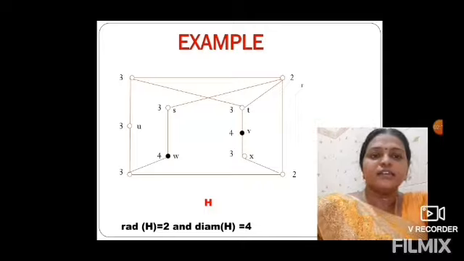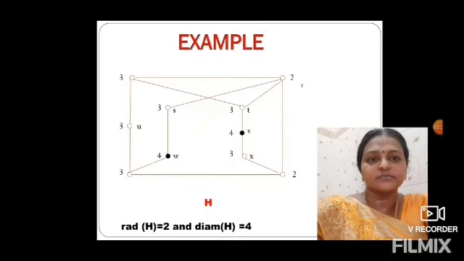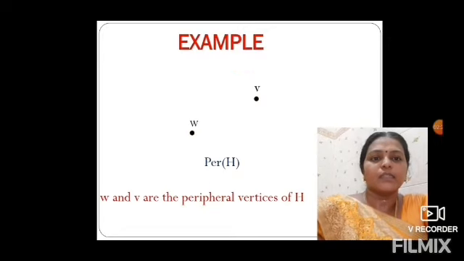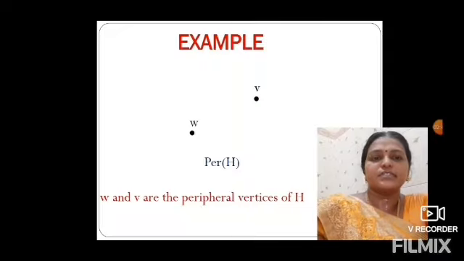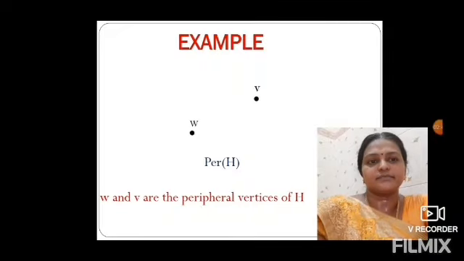You could see the two vertices W and V, which have been darkened. Now in this example, if we calculate the periphery of H, this is the subgraph induced by W and V. So W and V are the peripheral vertices of H. Of course, the graph is disconnected.